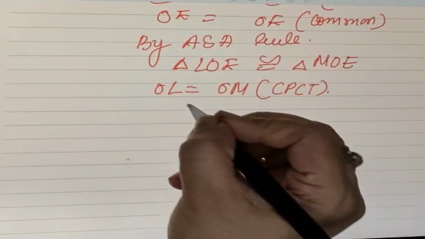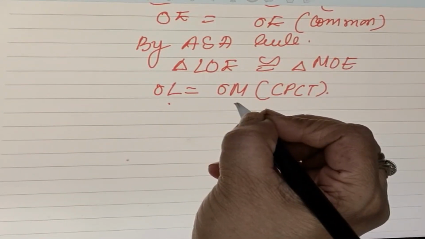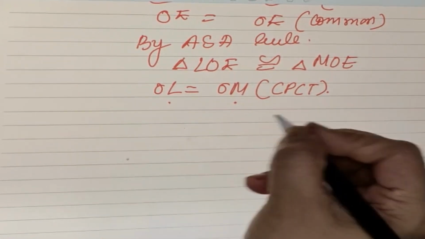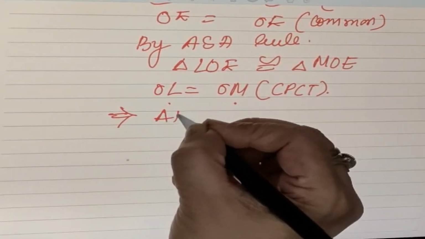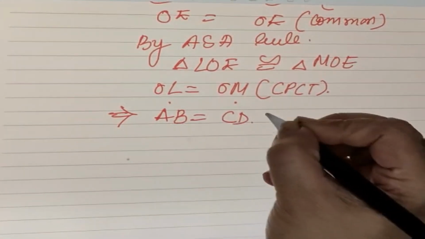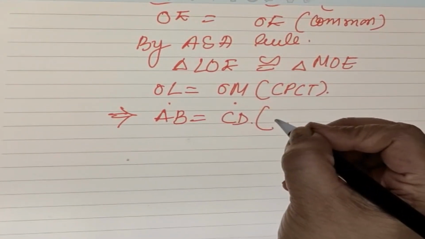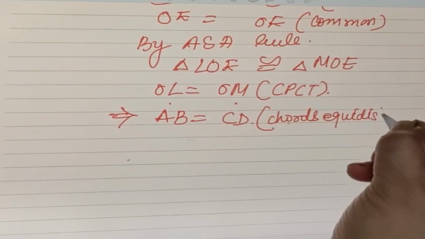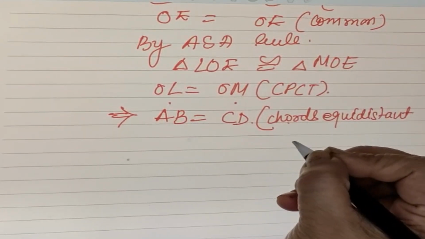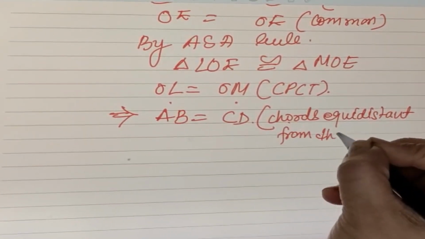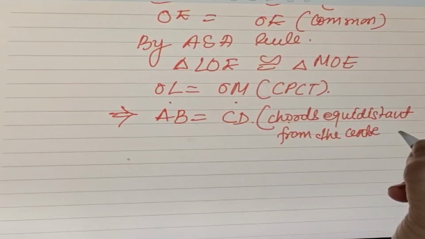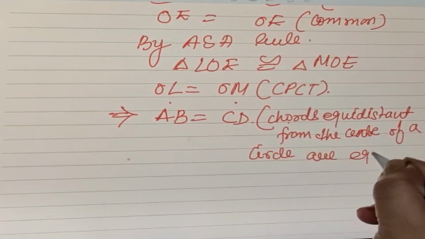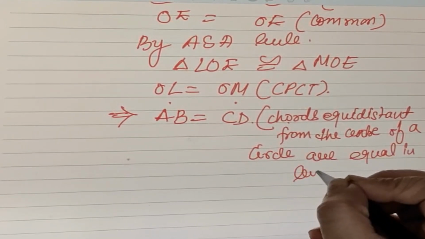What is this? If the distances from the center are equal, the chords are automatically equal. We did the theorem now. So I am writing, implies AB and CD are equal by the theorem that chords equidistant from the center of a circle are equal in length.